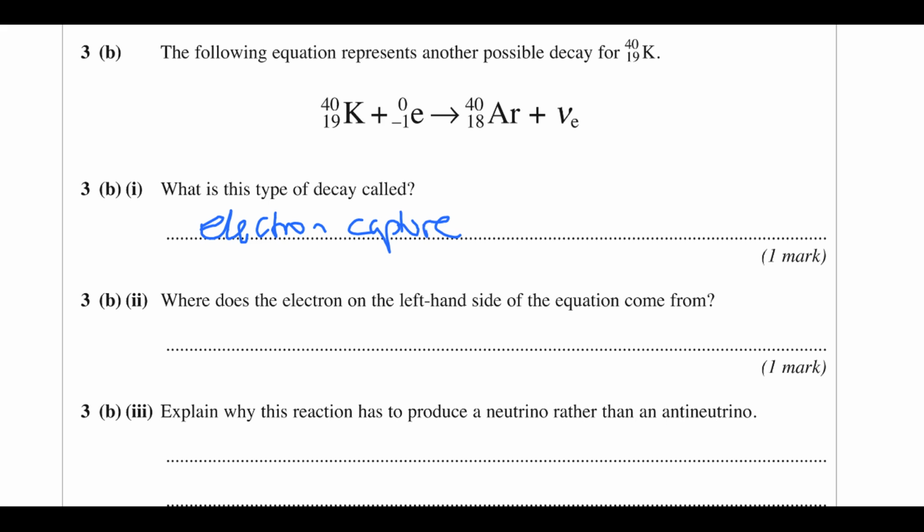So what's happening in this reaction is that a proton in the nucleus of the krypton is interacting with an inner shell electron by the weak interaction, forming a neutron and producing an electron neutrino to conserve electron lepton number. So the electron comes from the inner shell of where the electrons are.